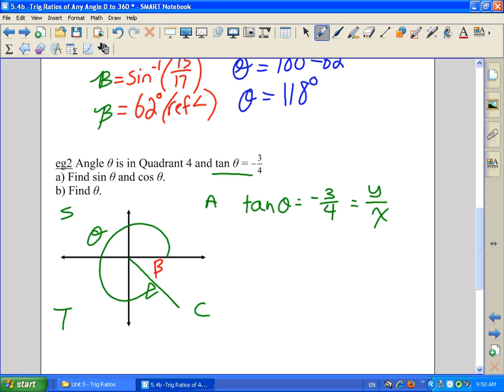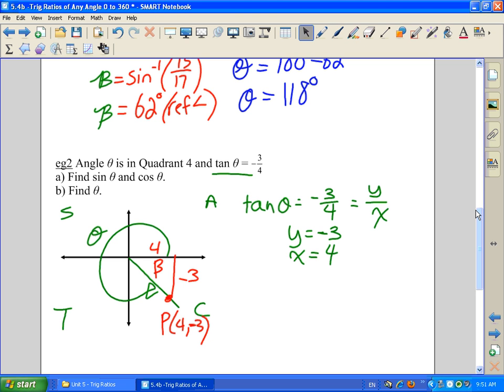Okay, so what does this tell us? This tells us that y equals negative 3 and x equals 4. Okay, so what we can do here, just in case you're not sure, is now we can tell you what that point is. So it's 4 and negative 3. So negative 3 is that value, 4 is that value, which tells you now we've got this point, 4 and negative 3. All right.